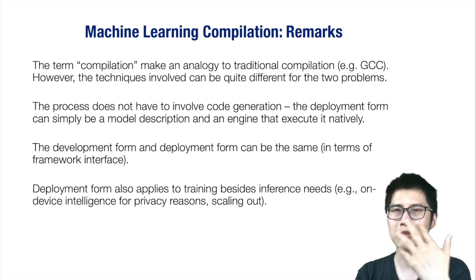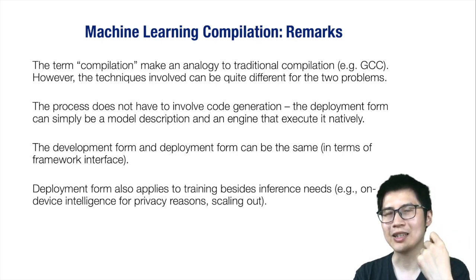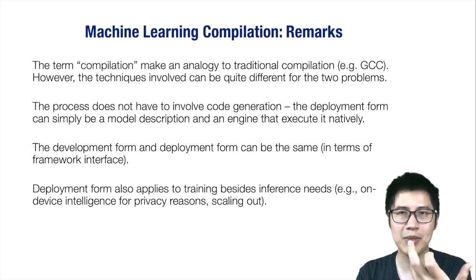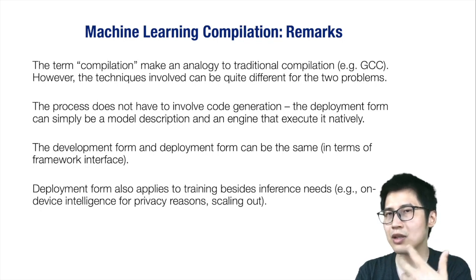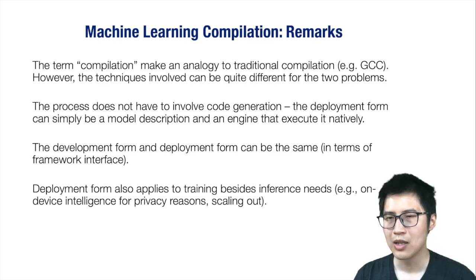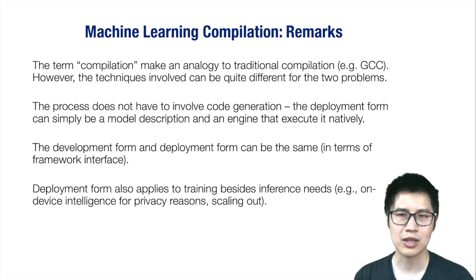That is why I want to take this specialized course episode to talk about some of the insights for doing machine learning compilation and use those techniques to help us build better intelligent applications.